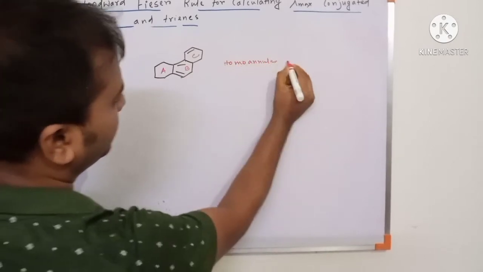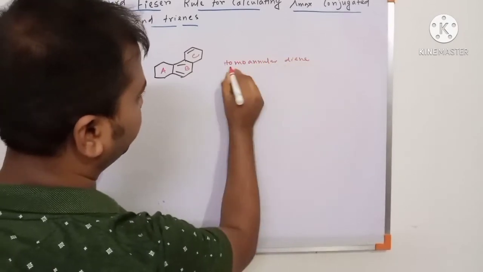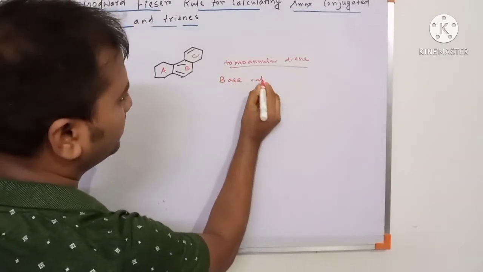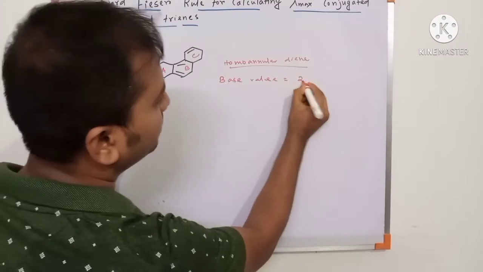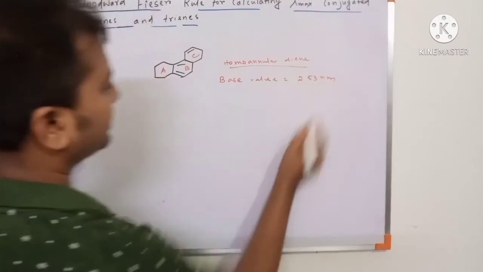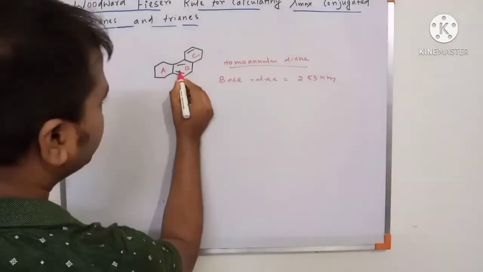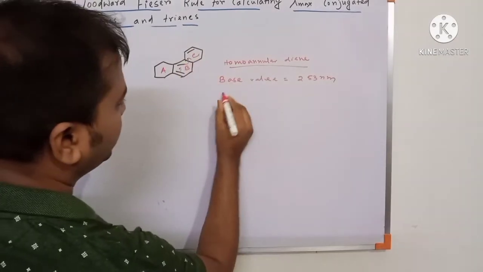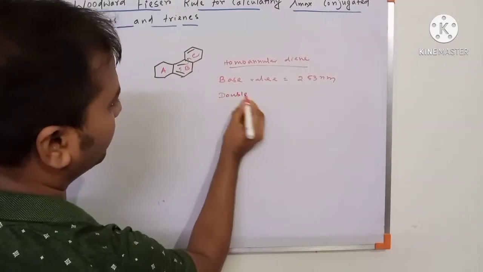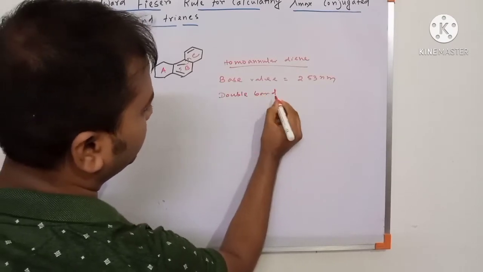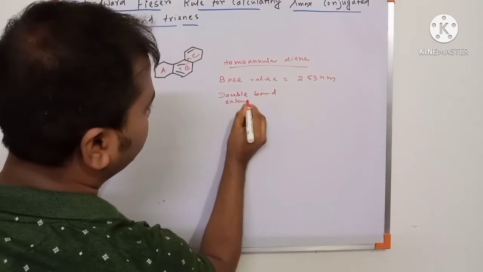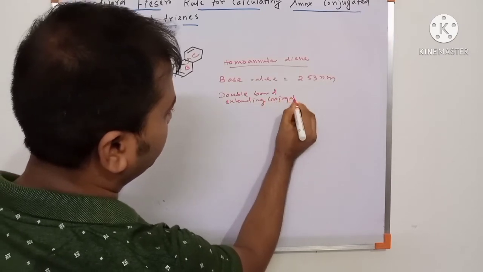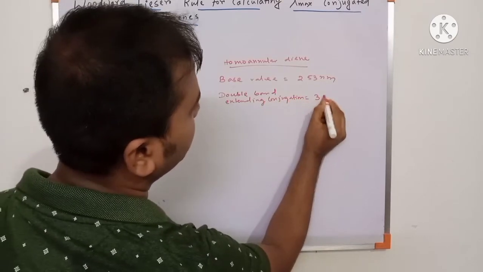The homoannular diene system base value is 253 nanometer, and there is one double bond extending conjugation, so this is 30 nanometer.